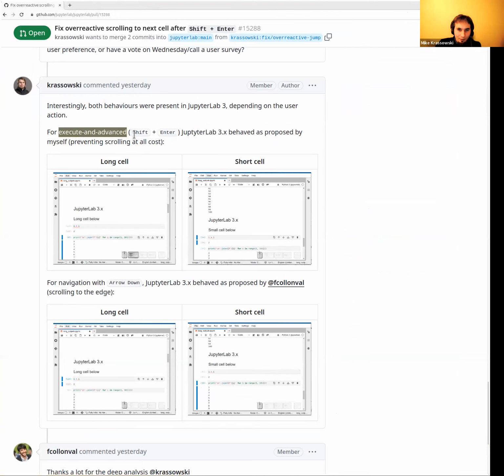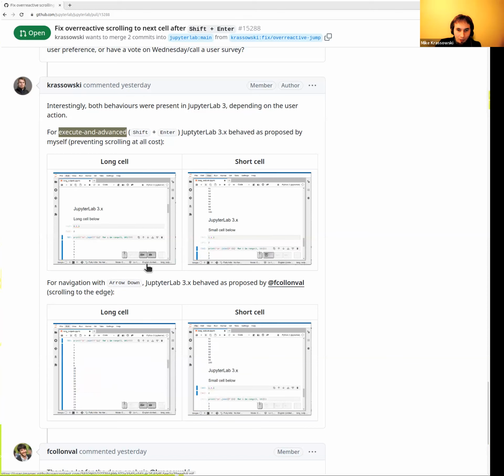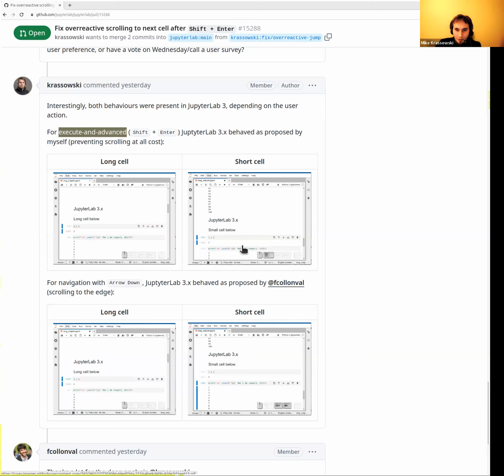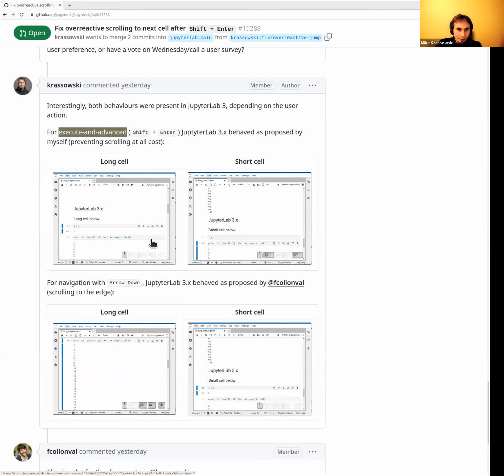When executing with Shift and Enter, a cell which was partially overlapping, partially visible, stayed in the view, regardless of whether it was a long cell which wouldn't fit in the viewport, or a short cell which would.